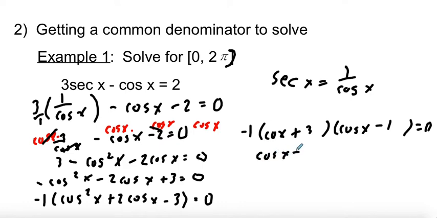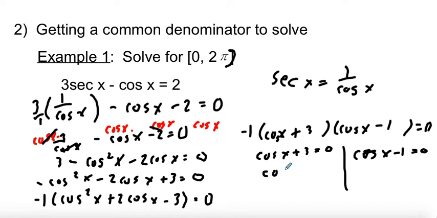So I can say cosine x plus 3 equals 0, and I can say cosine of x minus 1 equals 0. Alright, so I can solve here for cosine.